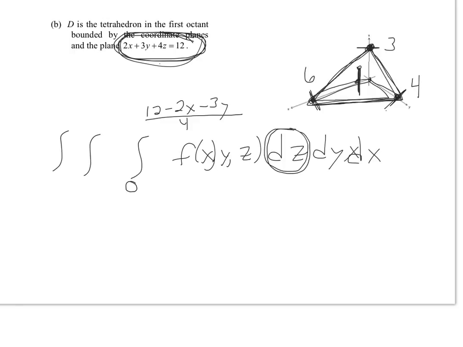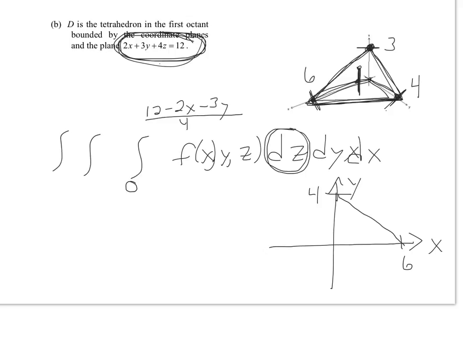Well, that happens to be precisely this triangle right here. So let's draw a two-dimensional picture down at the bottom of the xy plane. So this triangle intersects the x-axis at 6 and the y-axis at 4.